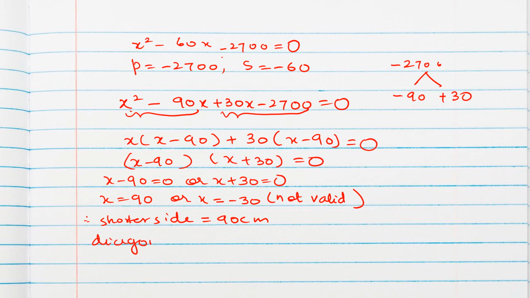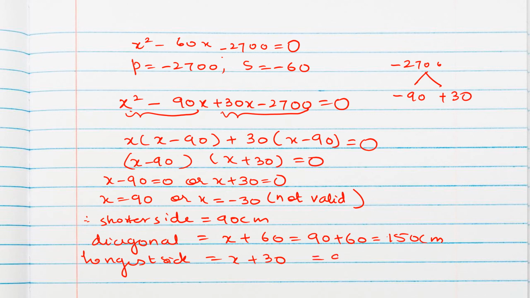Diagonal is x plus 60, isn't it? So 90 plus 60, that is 150 meters, and longer side, that is x plus 30. So 90 plus 30, that is 120 meters.